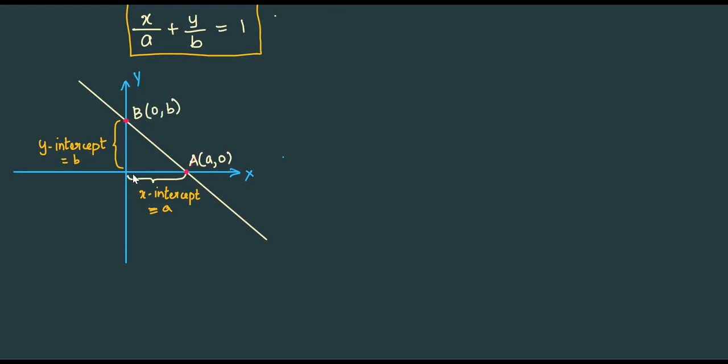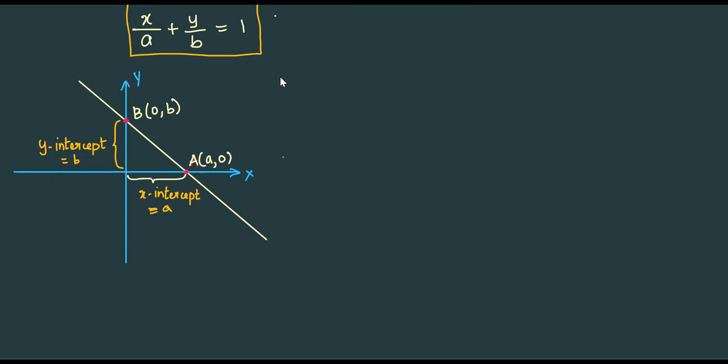This distance is a. If a is negative, this point will be on this side. If b is negative, the point will be on the lower side. Anyway, if the intercept is a, the point where the line cuts the x-axis is a comma 0, and the point where the line cuts the y-axis is 0 comma b.